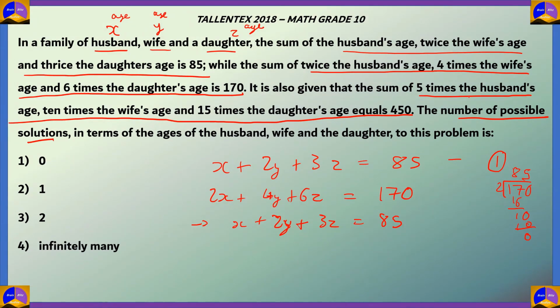Now let's look at the last equation. It says 5x plus 10y plus 15z equals 450.